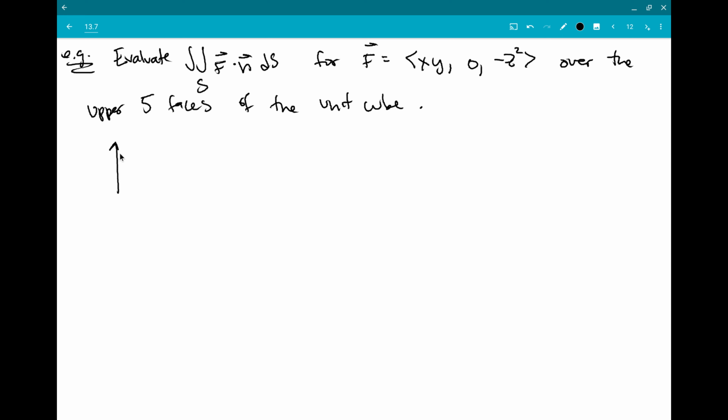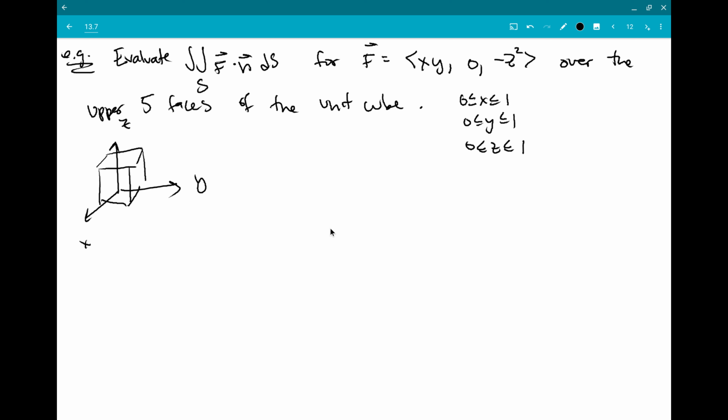And so what this is, x, y, z, is here's the unit cube, for 0 less than or equal to x less than or equal to 1, 0 less than or equal to y less than or equal to 1, 0 less than or equal to z less than or equal to 1. I guess I should have drawn that a bit better. So there's the cube.